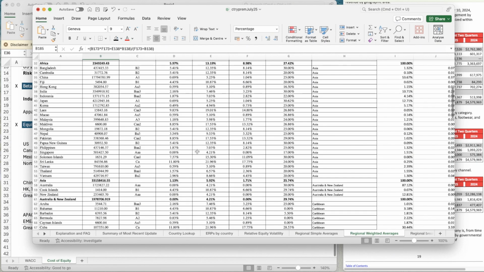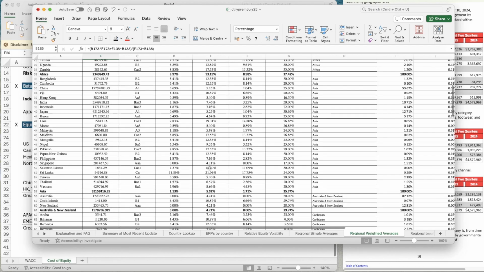So we look at Singapore 4.21, Hong Kong was 5.1, Taiwan was 5.1, Japan is 5.25.